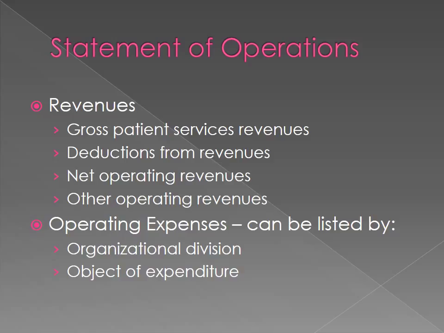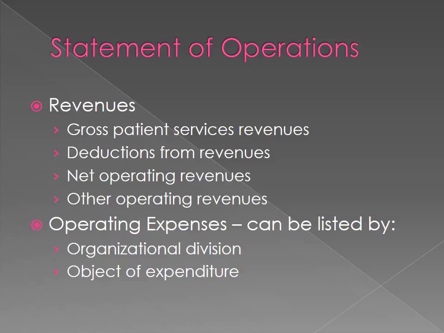Because of accounting principles and just the way that accountants have recorded these things in the past, we have developed a pattern of recording these income and deductions from revenues in a particular manner.